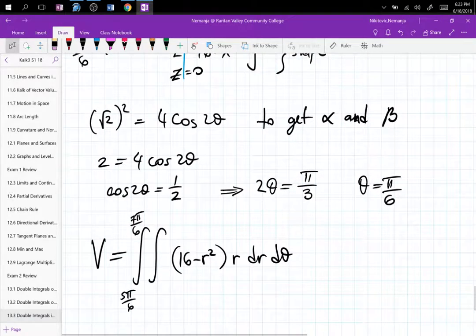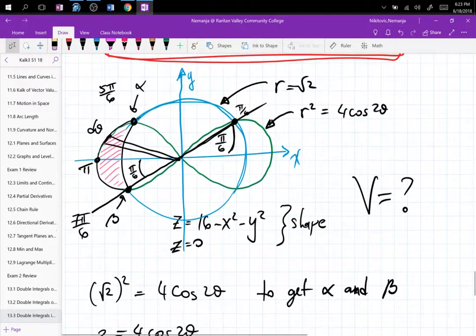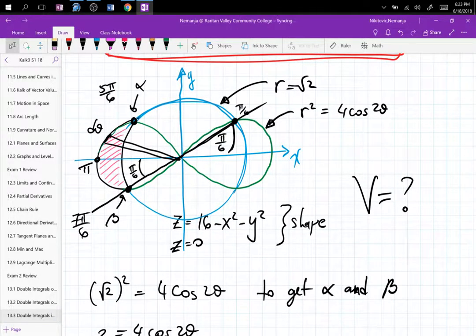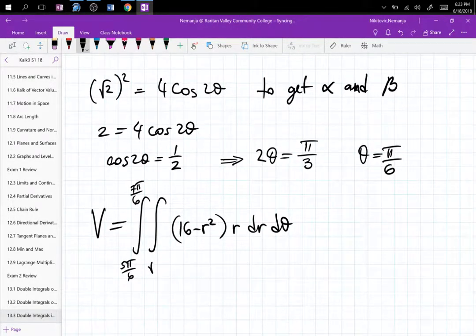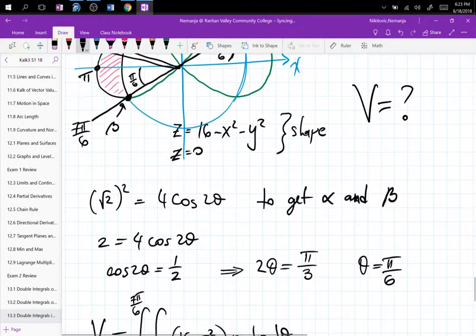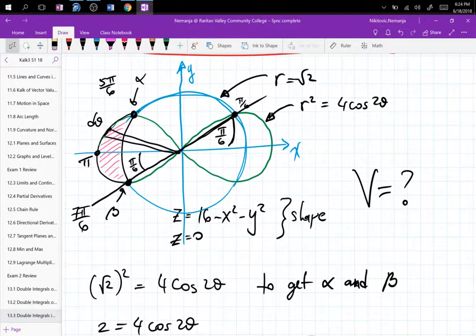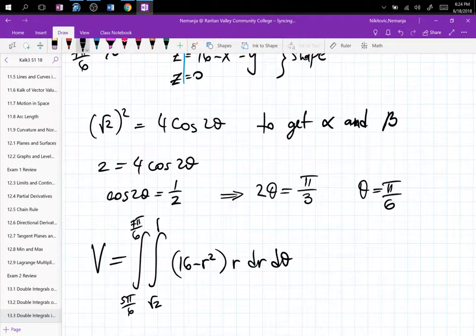Those are r equals function of theta. So what do you hit first? You hit the circle first, so that's root 2 on the bottom. And then you hit the top, which is the square root of 4 cosine 2 theta. That's the easy one, by the way.